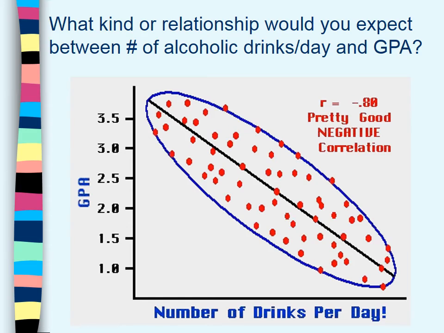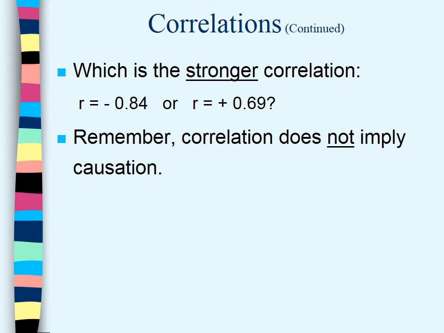More drinks, less GPA. What I absolutely want you to understand is, if you were given Pearson's R, would a -0.84 or a +0.69, I should say -84% or +69%, have a stronger correlation?